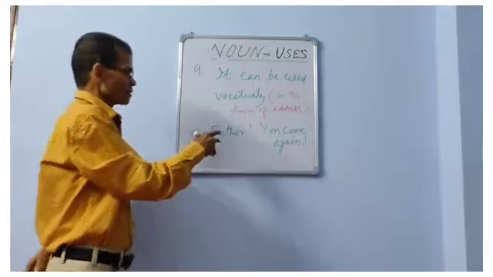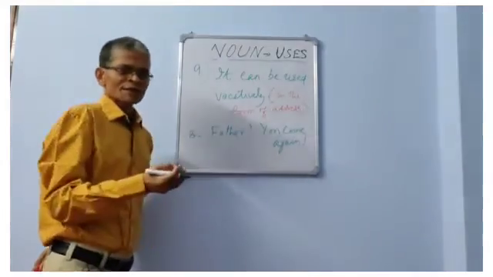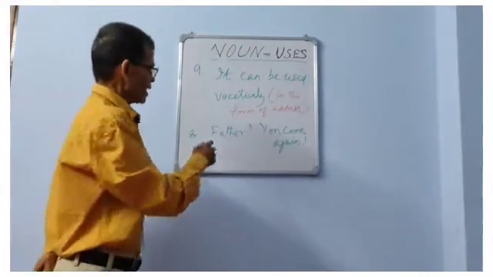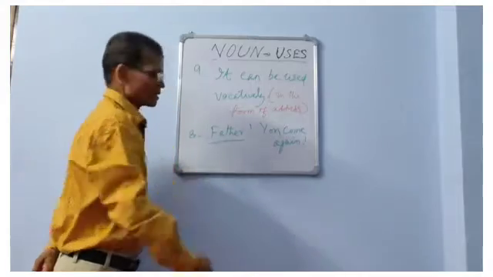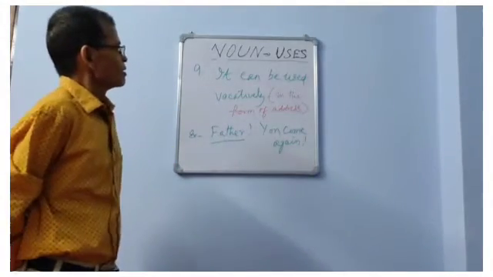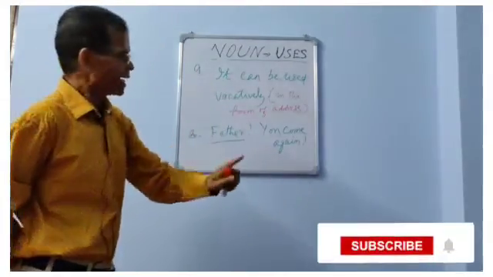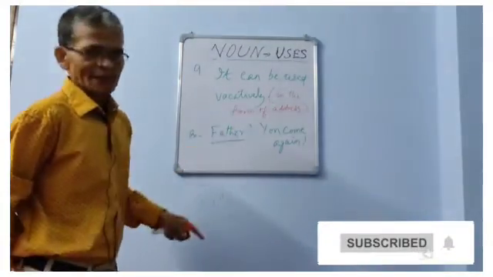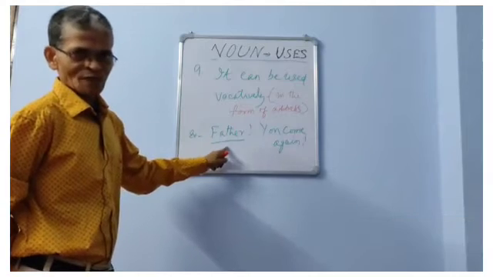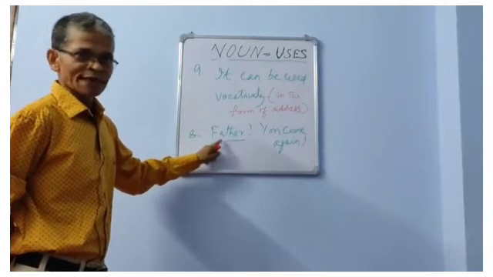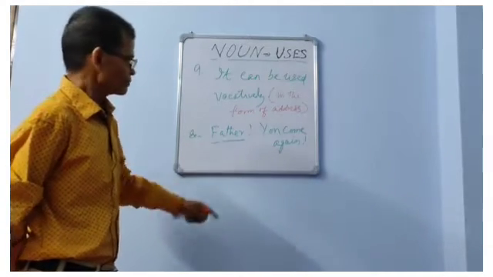Now this was the speech of that poor woman, and here father is the vocative use, and here the poor woman addressed Peter Gilligan as father. This is the vocative use of a noun.